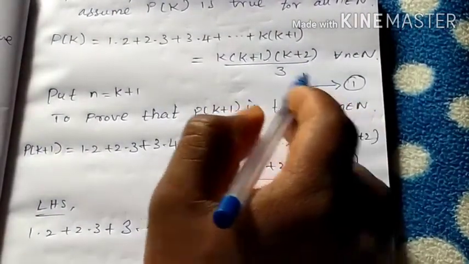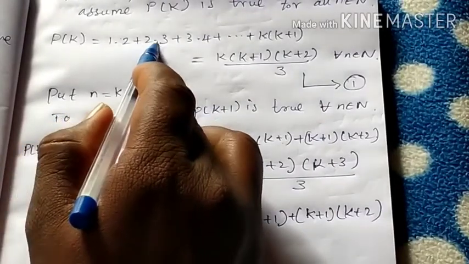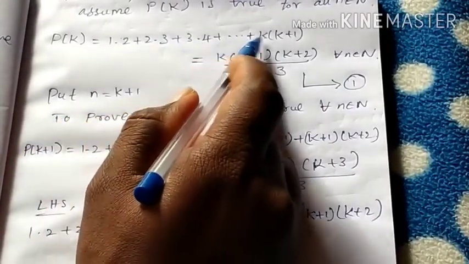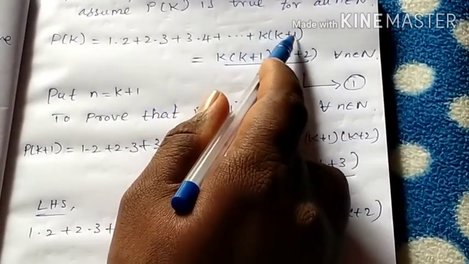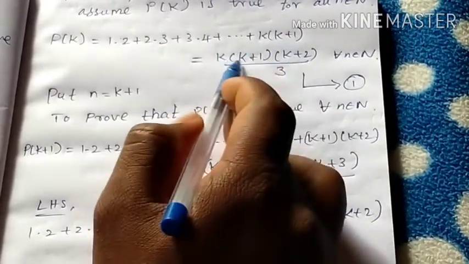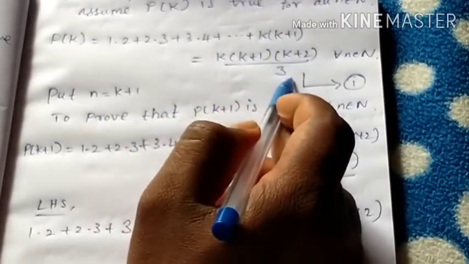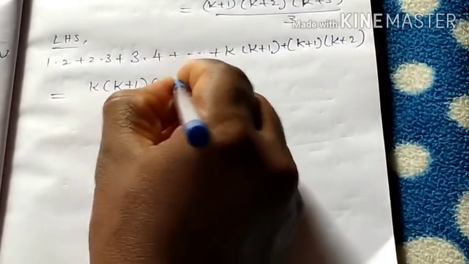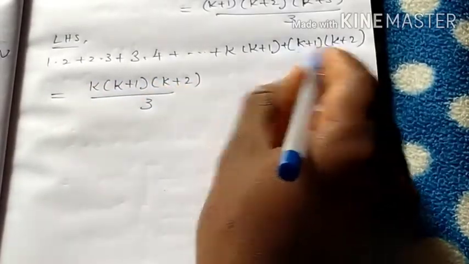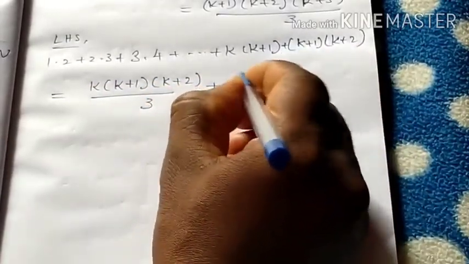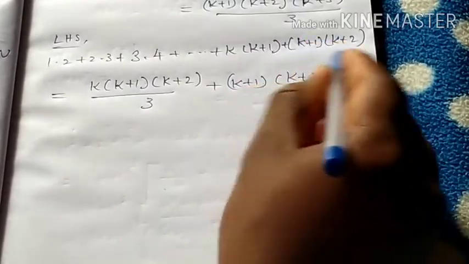The first equation is 1 into 2 plus 2 into 3 plus 3 into 4 and so on plus k into (k+1) equal to this value. So up to k into (k+1), the value of this is k(k+1)(k+2) divided by 3. Okay, here using equation 1. So this value equals k(k+1)(k+2) using the assumption, the whole divided by 3. The remaining term is plus (k+1) into (k+2), this term.